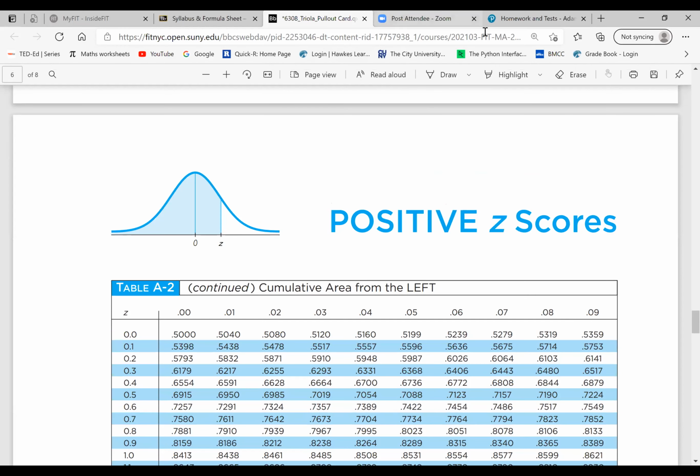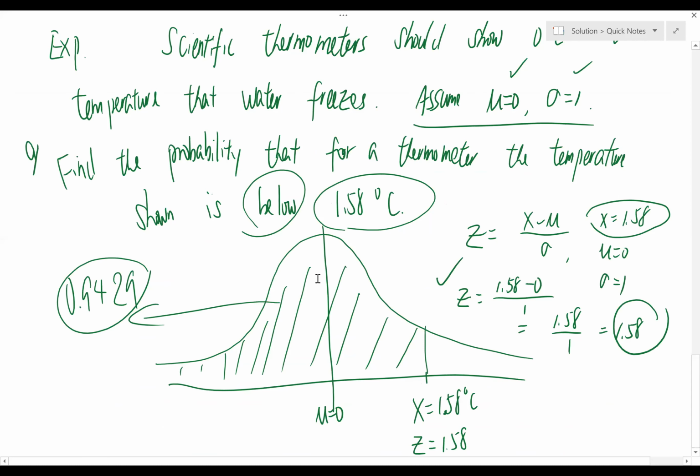Yeah, so what this tells us is that 94.29% of data fall in this particular range. So the temperature below 1.58 Celsius occurs with a probability of 94.29%.